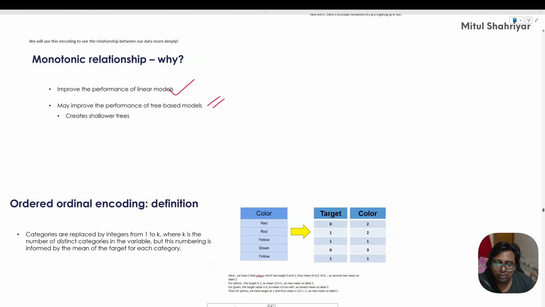Okay, now let's learn about ordinal encoding, which is one of the techniques of this monotonic relationship. So what is ordinal encoding?